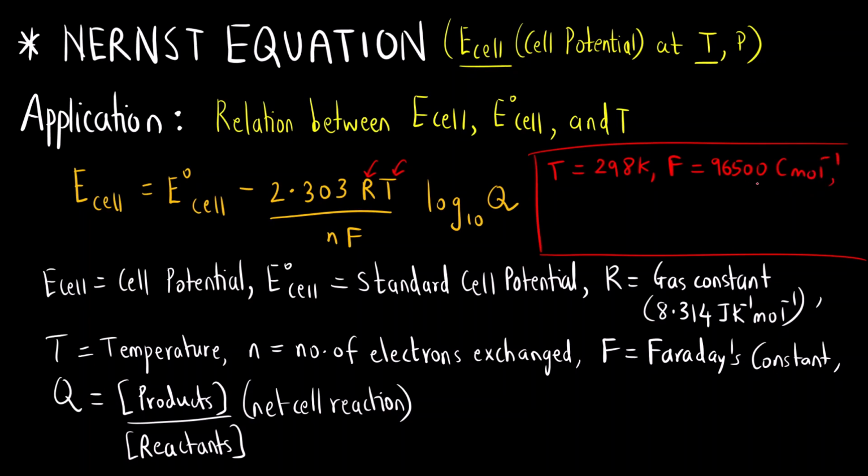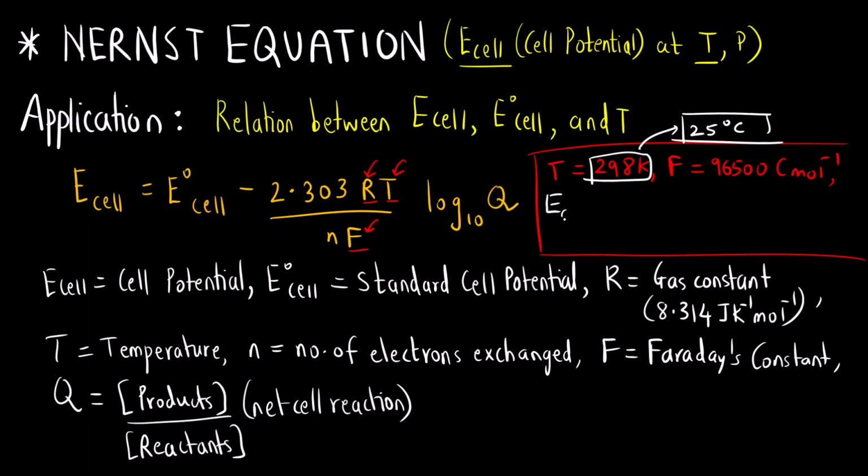And N is the number of electrons exchanged. If you substitute the values of R, T and F, we get the general equation that we will be using most of the time. The most important part is that the temperature should be 298 Kelvin, or 25 degrees Celsius. Only if the temperature is 25 degrees Celsius can we use this equation.